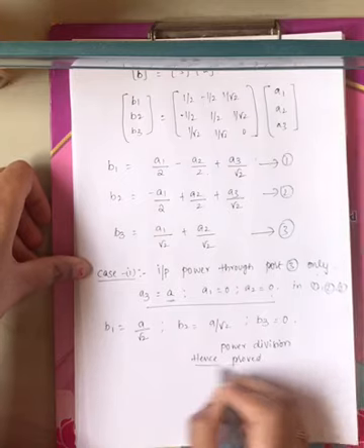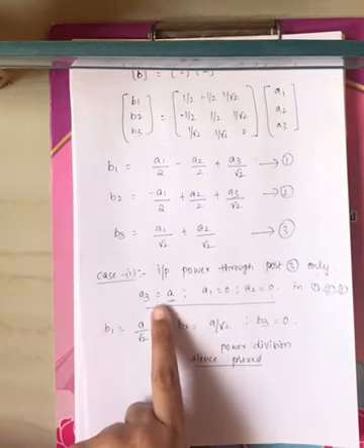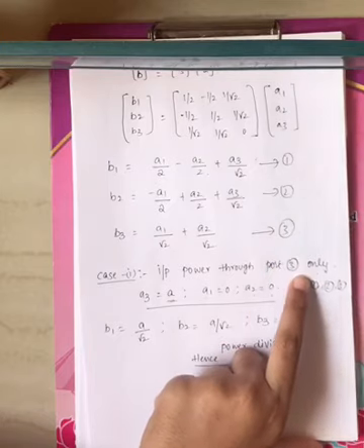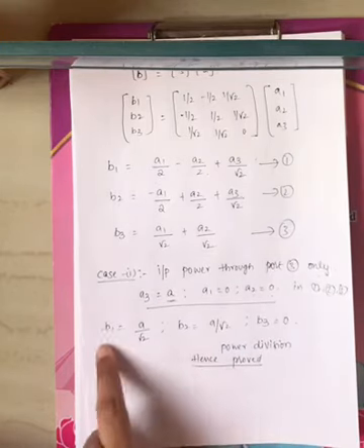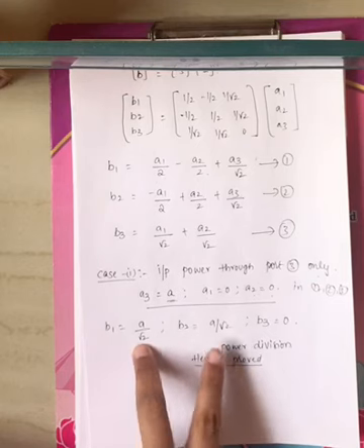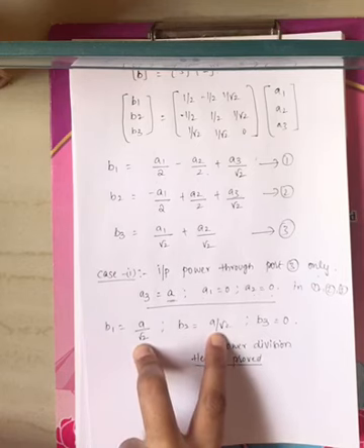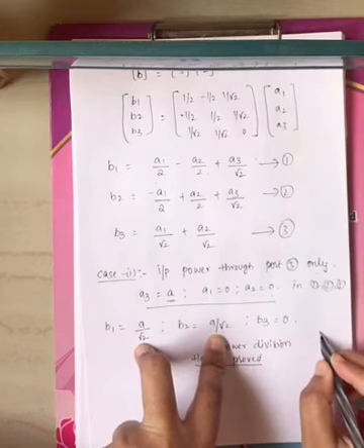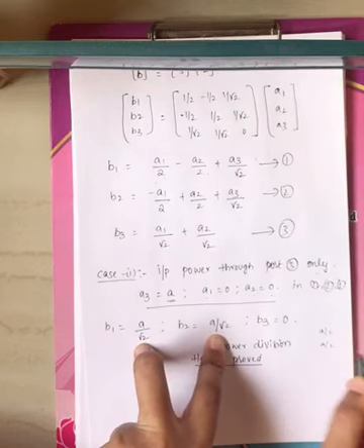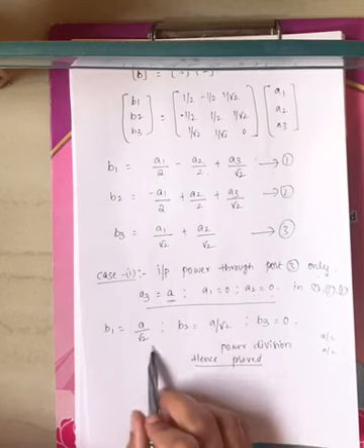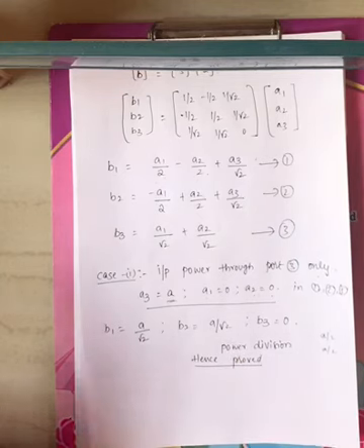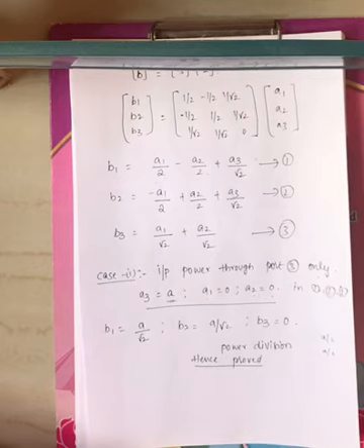Now let us conclude the statement. If I give input power from port 3, you will get output from port 1 and port 2, which are equal in magnitude and phase. You may have a doubt: ma'am, previously you said we will get A by 2 and A by 2, but here you are getting A by root 2 and A by root 2. Exactly, you won't get the exact power; that is not possible in any microwave device or component.